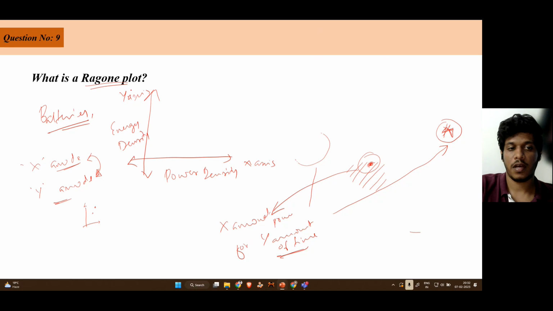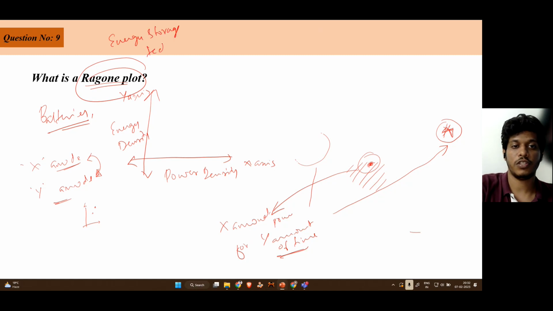Once again, talking about this Ragone plot, it is one of the very commonly discussed plots in terms of energy storage technologies.